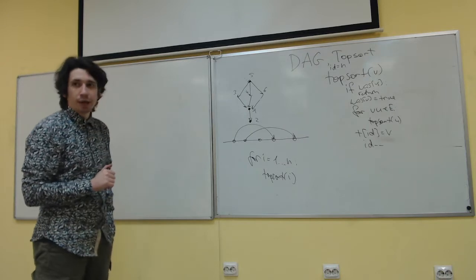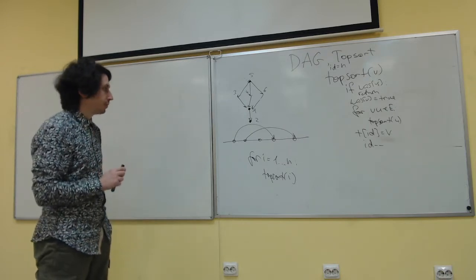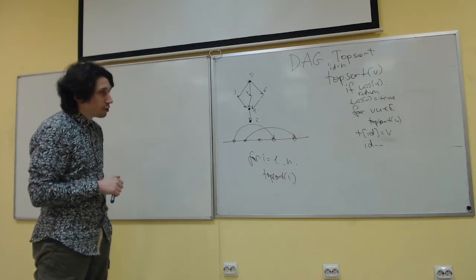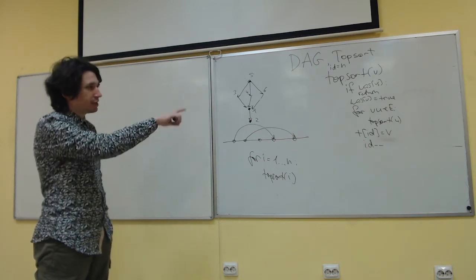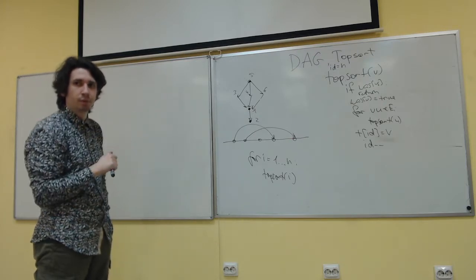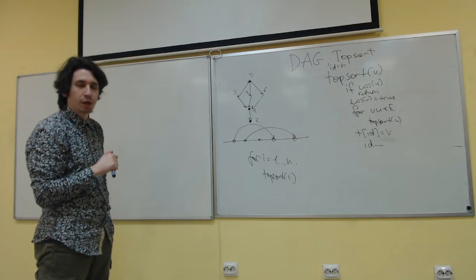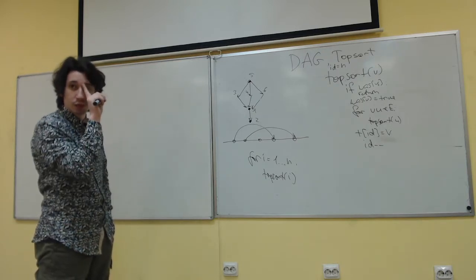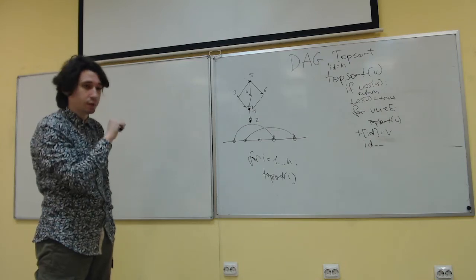There is another way on how to do the top sort, not recursively; this one is recursive. Is it clear that its complexity is O of m, the number of edges, or n squared in the sense of adjacency matrix?